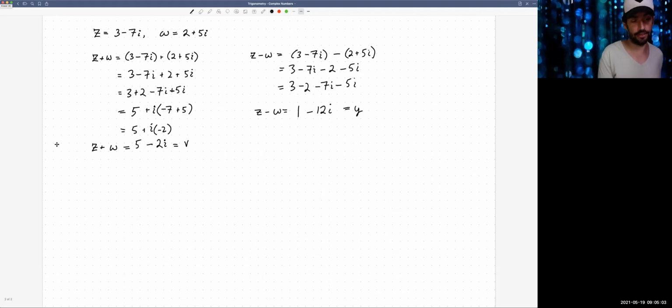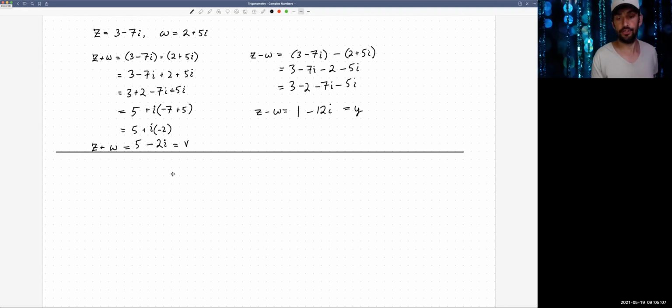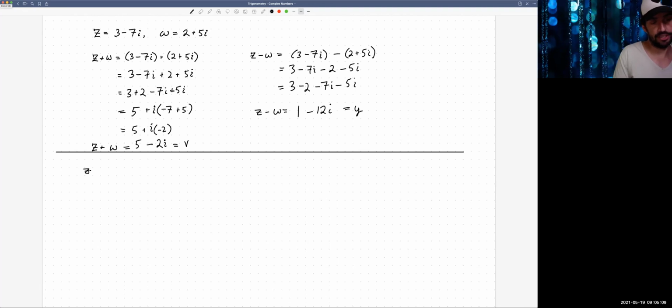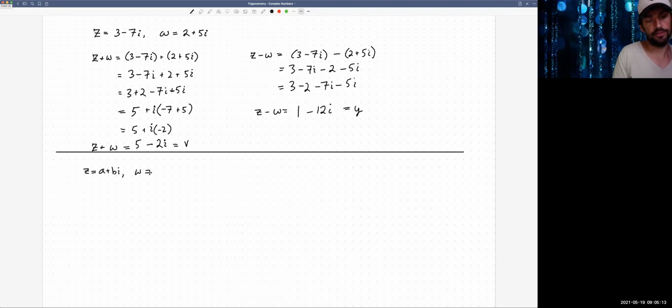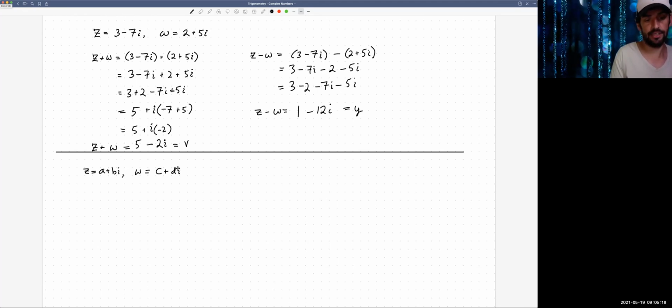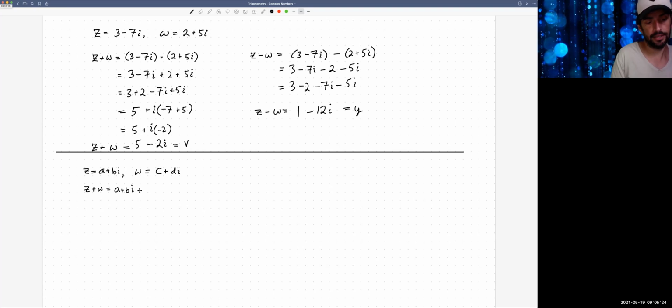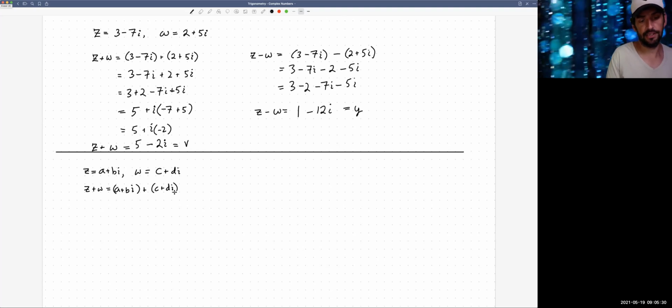Let's make this a little more general now. So we have a rule. If z equals a plus bi and w equals c plus di, then z plus w equals (a plus bi) plus (c plus di).